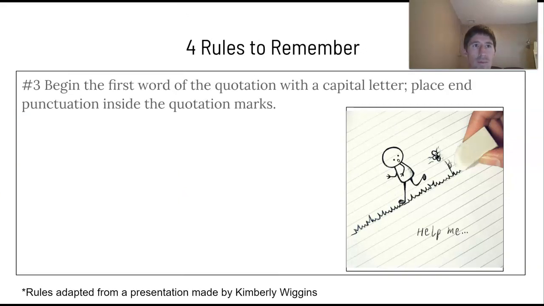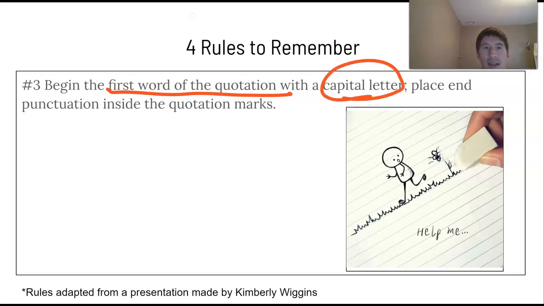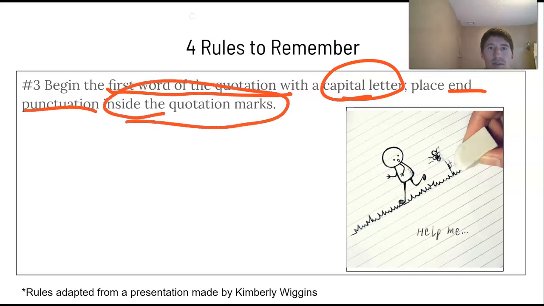A third rule is to begin the first word of the quotation with a capital letter, and then place end punctuation inside the quotation marks. So we've got first word of the quotation with a capital letter, and then end punctuation inside the quotation marks.